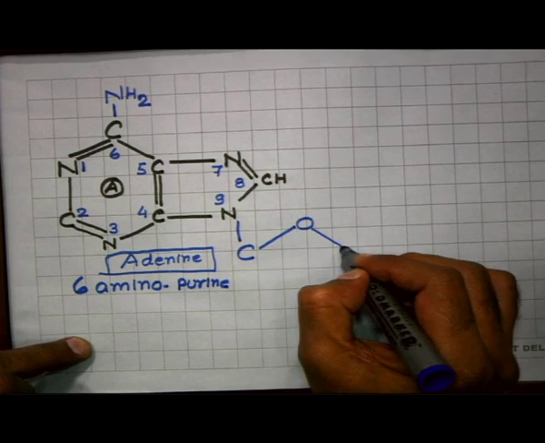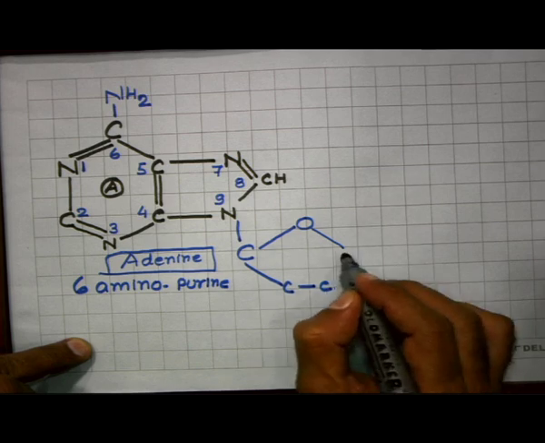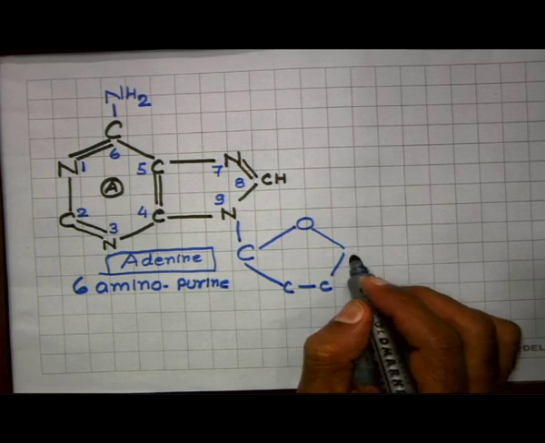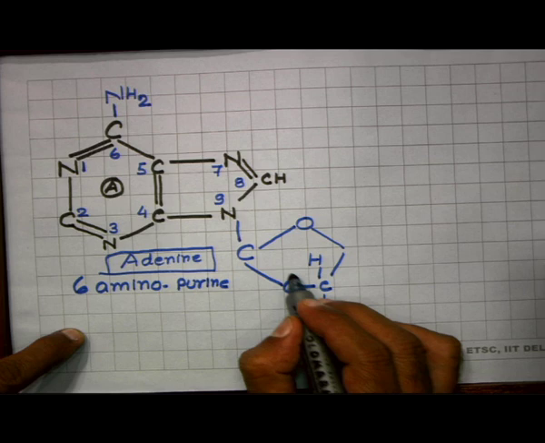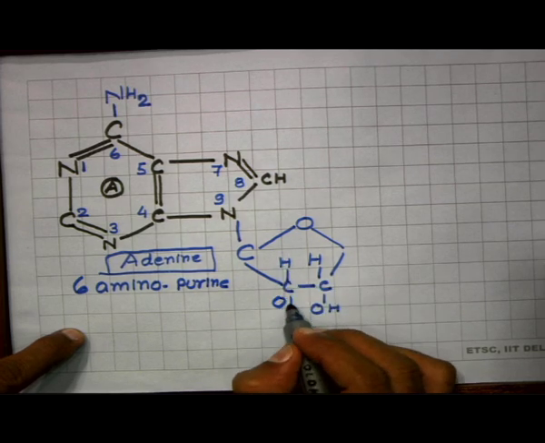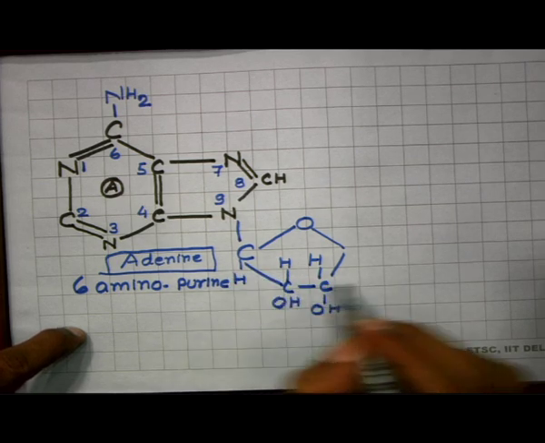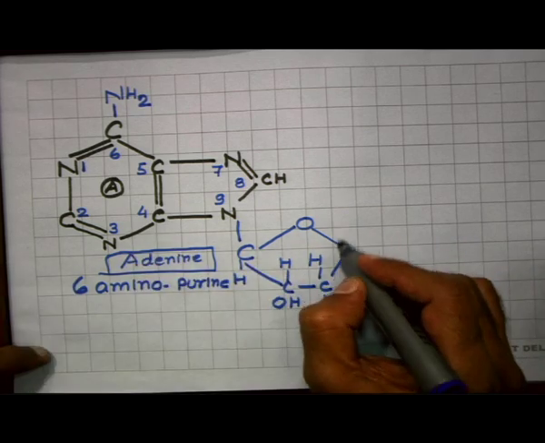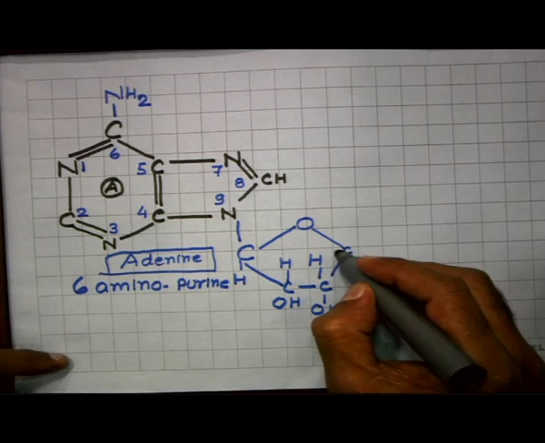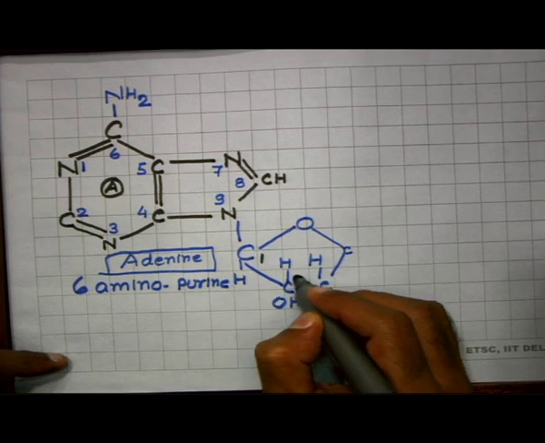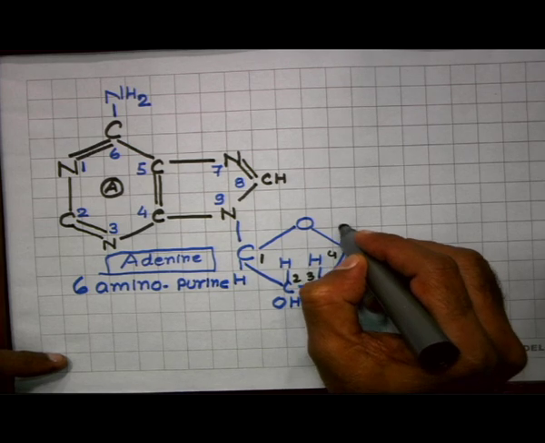Ribose sugar is a 5 carbon compound, and the numbering will be 1, 2, 3, 4, here is the 5.